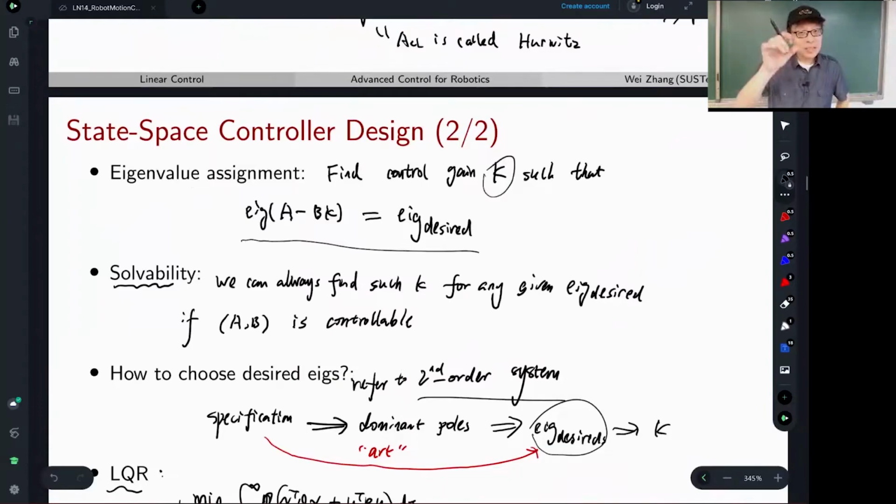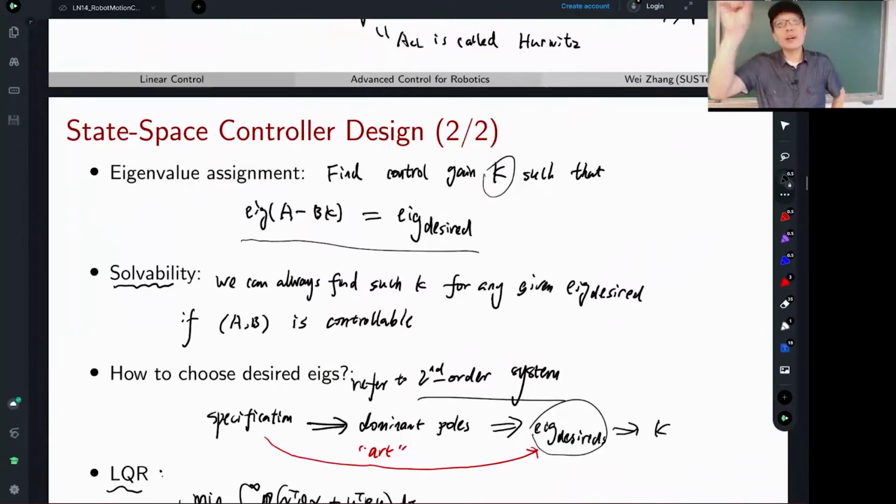And stable means the trajectory of the state vector converges to 0. If you don't want them to be 0, you want them to be some target, then you just make sure the error vector converges to 0. So no matter what, let's assume we want the state vector to converge to 0. Okay, that's all we need to know so far.